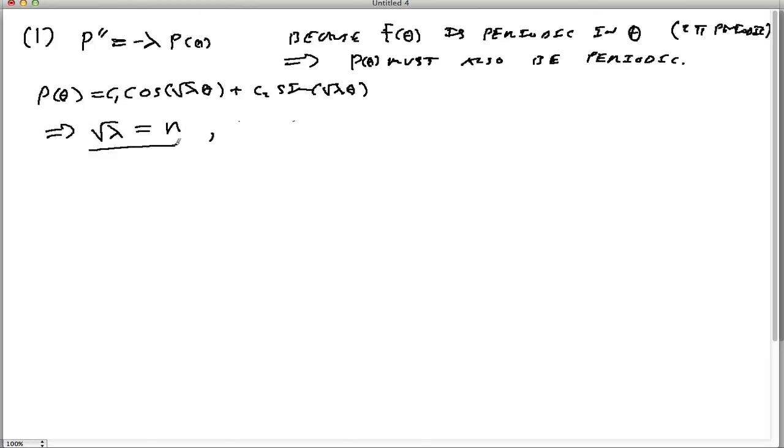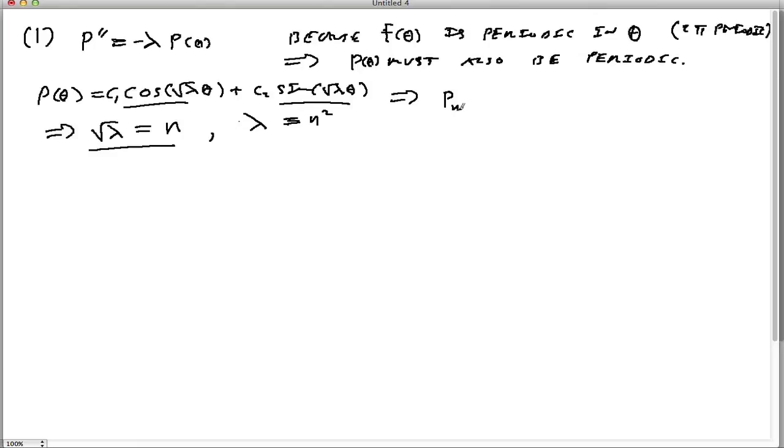Okay. So with that established, then of course we can say that square root of lambda is equal to n. Sorry, lambda then is equal to n squared. It looks pretty good. All right, and we see that both sine and cosine are both valid here. Okay, so that looks very interesting. So what we're going to do then is say that we have our family of functions now, P n.